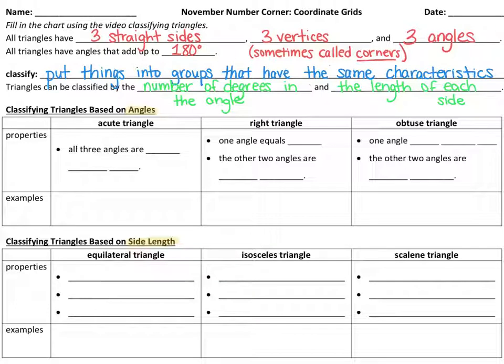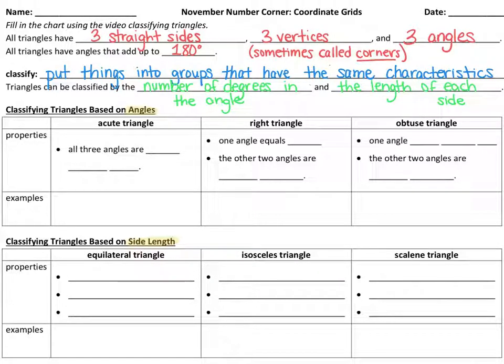So pause the video, make sure you have all of that written. Then we're going to find out the properties and examples of different ways that we can classify triangles based on angles. So this whole part is about angles.